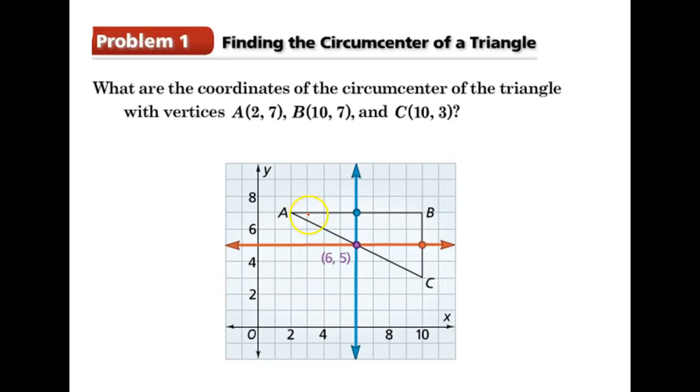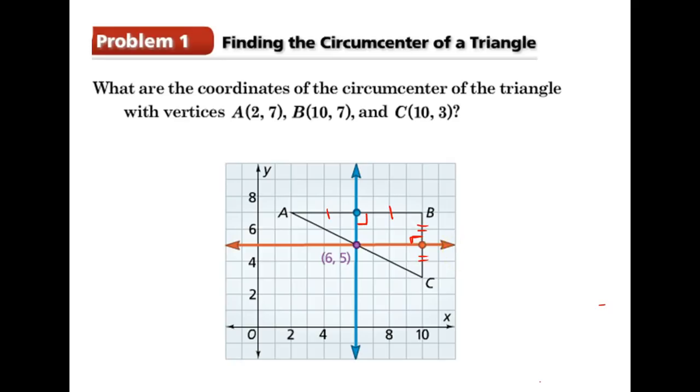And since the distance from A to B is 1, 2, 3, 4, 5, 6, 7, 8 long, I can go over 4, and that's the midpoint of the side, and then drawing a vertical line here creates a perpendicular bisector. And by the same token, if side BC is vertical to begin with, then drawing a horizontal line is perpendicular to it, and the length from B to C is 4, so I can bisect it by going down 2.